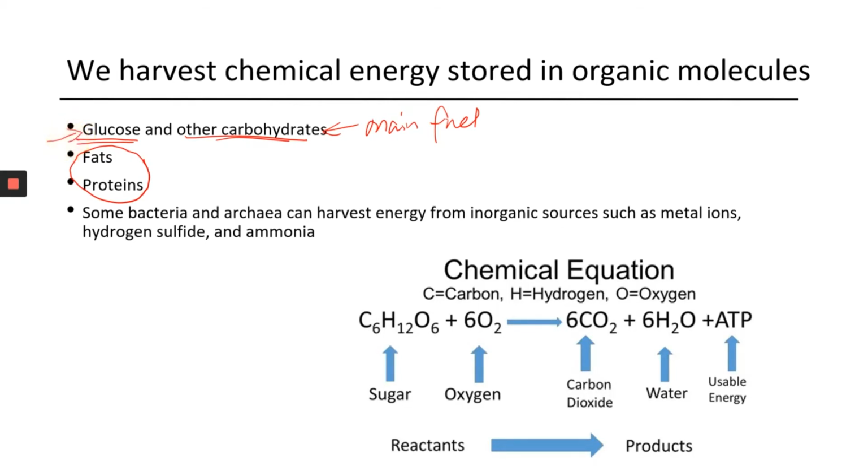Okay. So what happens is when you eat food, all those biomolecules or carbohydrates are broken down to glucose. Okay. So glucose is absorbed from your intestines. So let's say this is the glucose. It gets absorbed through your small intestine, and then it goes into your bloodstream.